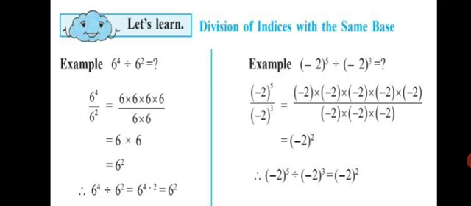Now reduce. Minus 2 and minus 2 will get cancelled, equal number in numerator and denominator. So we are left with minus 2 square. That means minus 2 raised to 5 divided by minus 2 raised to 3 is equal to minus 2 raised to 2. And you know that 5 minus 3 is 2. So a simple formula we get here.